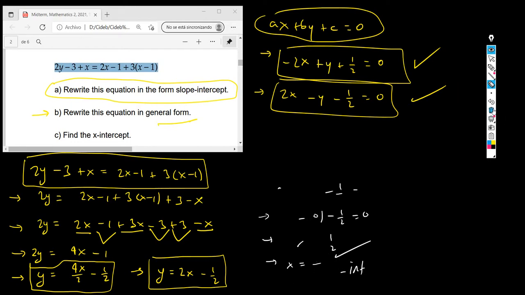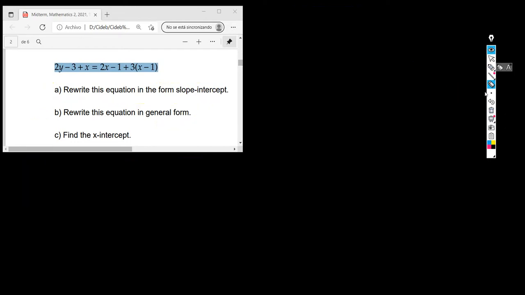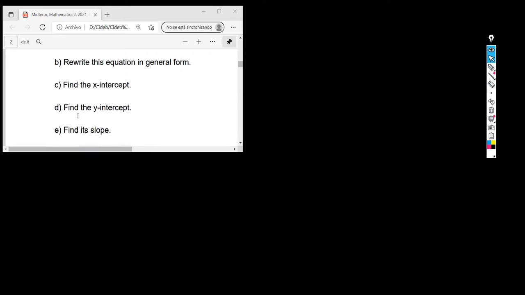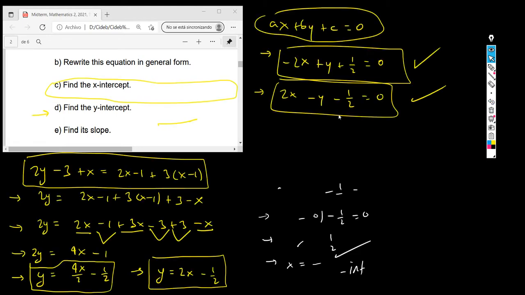Let me erase everything. So now we know what the x-intercept is. Now let's find the y-intercept. That is even easier because you already have this thing, right?